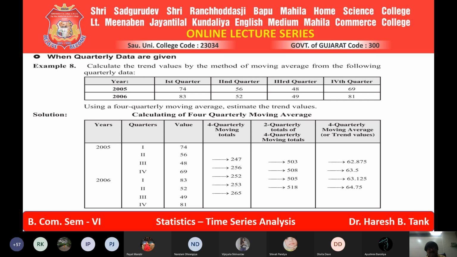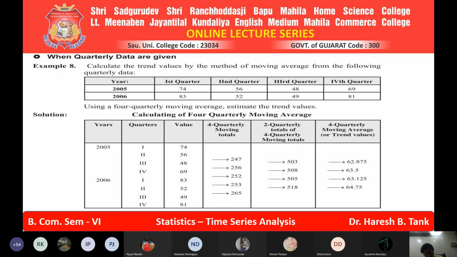Now skip the first 3 elements. 253 and 265, the sum of those 2 comes to 518. This 518 is to be written in between 253 and 265, which comes against the second quarter of 2006. Okay, now the 2 quarterly totals of the 4 quarterly moving totals are over.